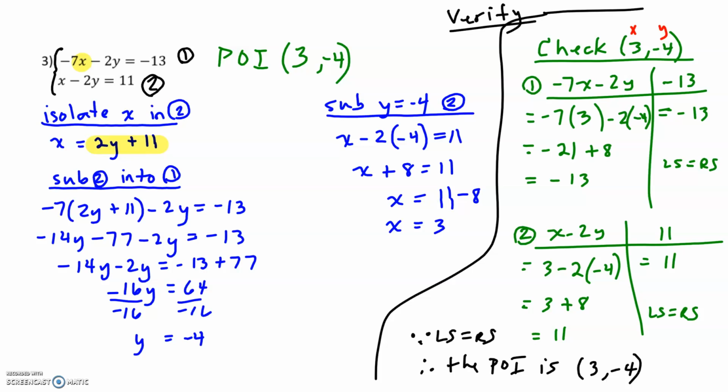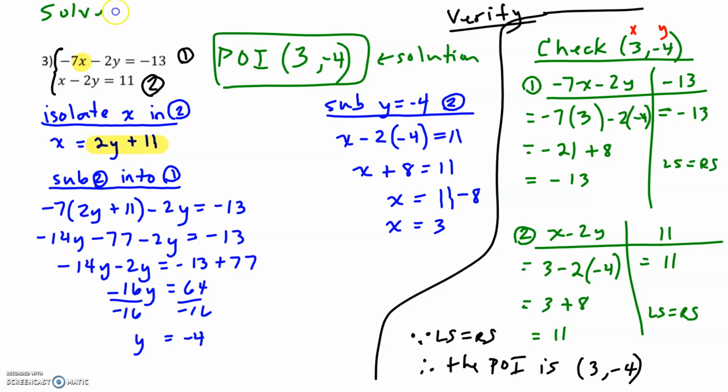And always, always, always include the POI, because remember, this is the solution, the point of intersection. This is the answer to when you see the instructions, solve the linear system, right? When you hear or read those instructions, that means get the POI.